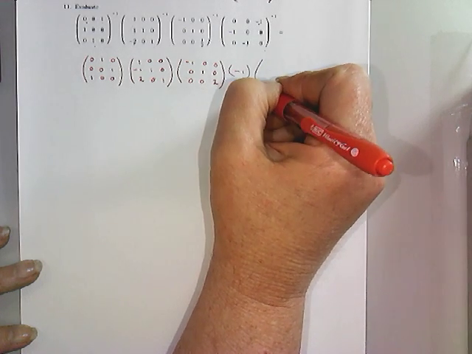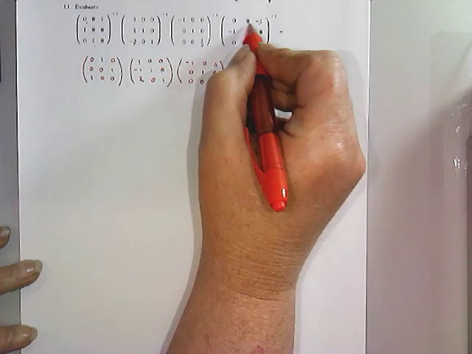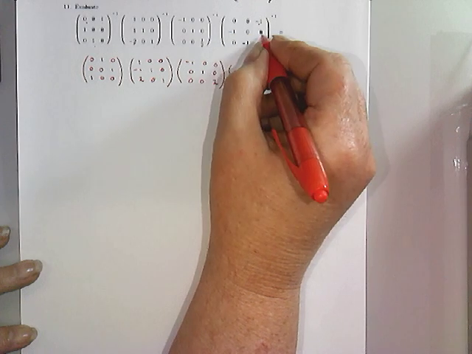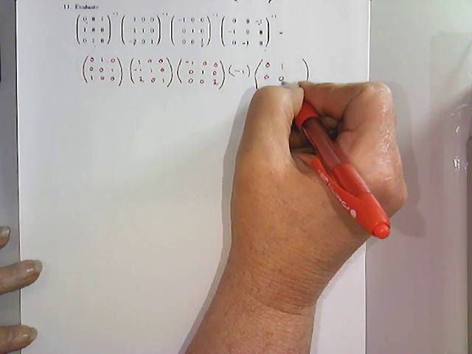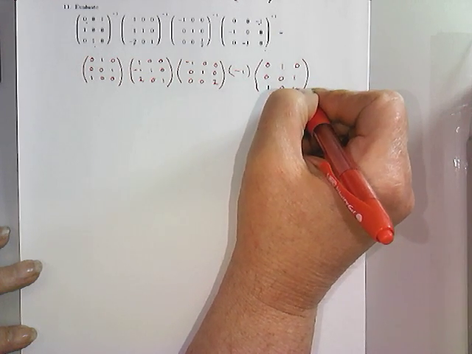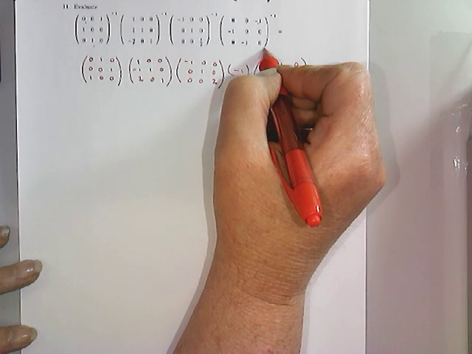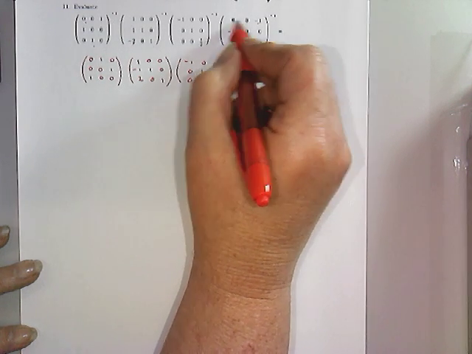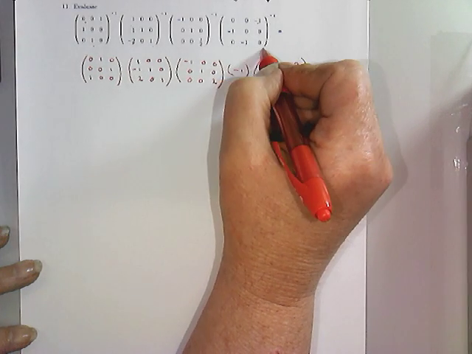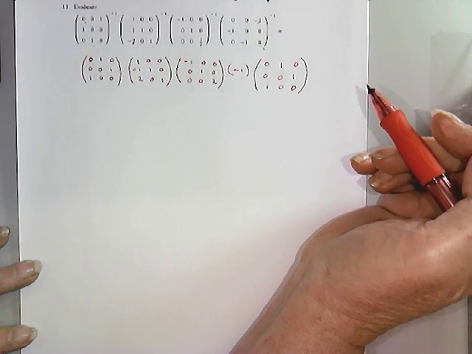So it's going to have as its entries the first column 0, 0, 1, second column 1, 0, 0, and last column 0, 1, 0, since it will be the transpose of this permutation matrix once I have factored out a -1 from every one of the entries. In other words, I write this as a scalar times a permutation matrix.